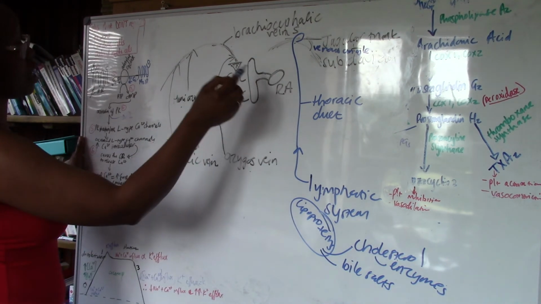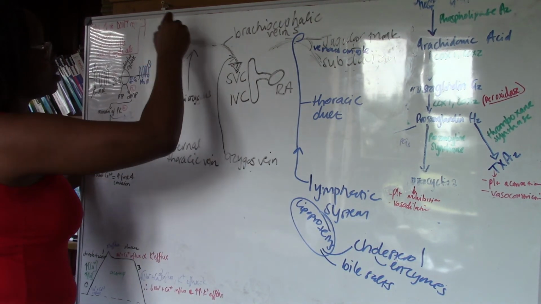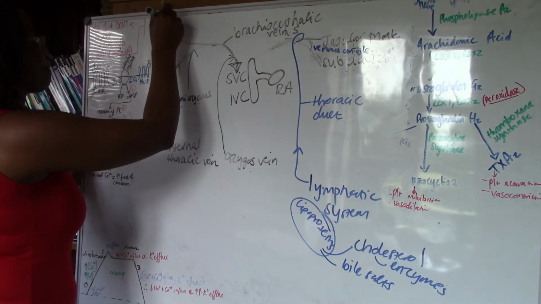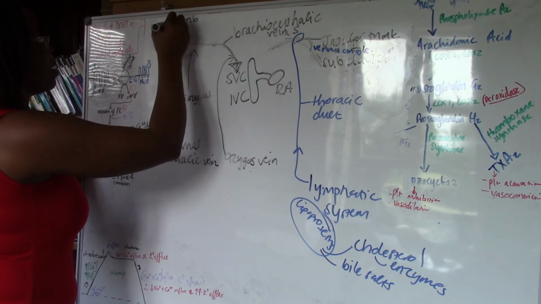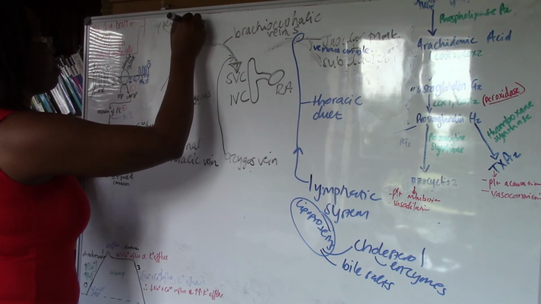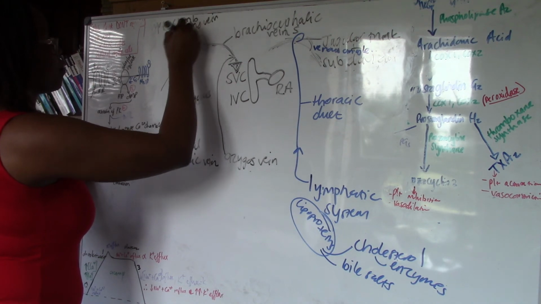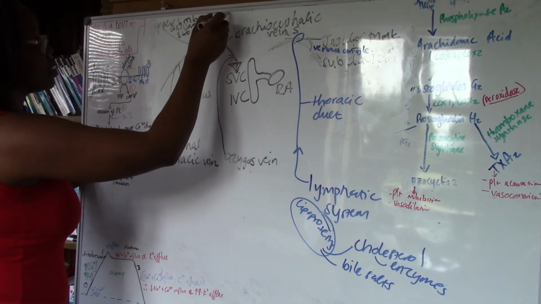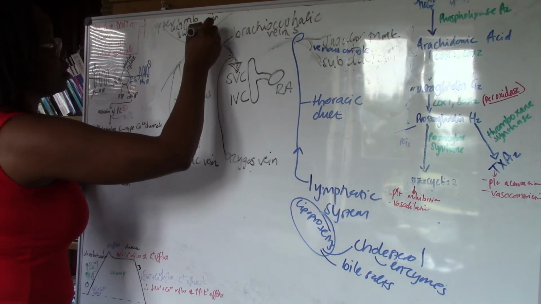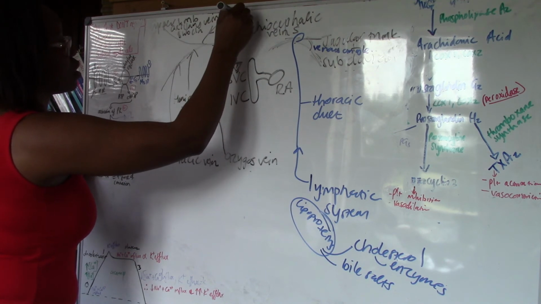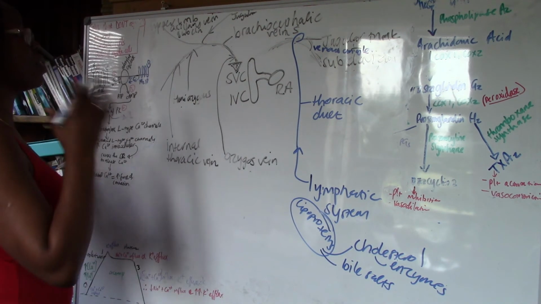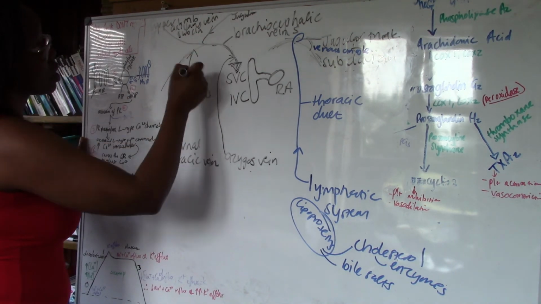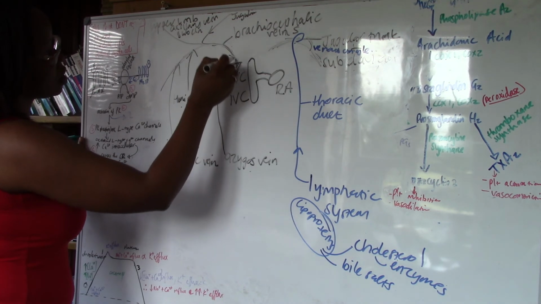So the brachiocephalic really drains from the upper limb via the axillary and subclavian veins, and then it also drains from the jugular veins, again from the neck going up to the head and neck, and then collects all of that blood.